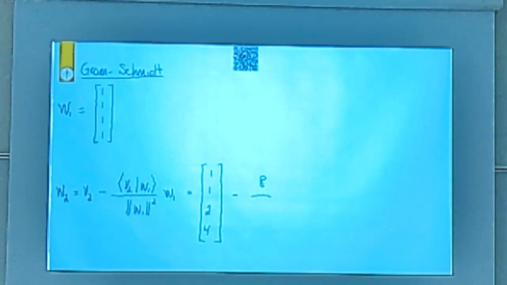But we want that squared, so aren't we just finding the inner product of V1 with itself? Yeah. What is it? It's 4.